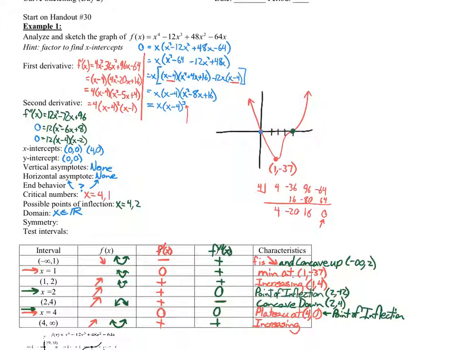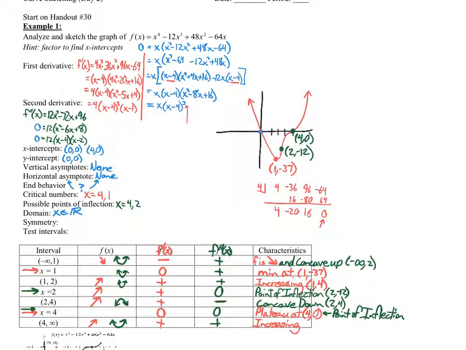Alright, so 2, -12 and 4, 0 are points of inflection.